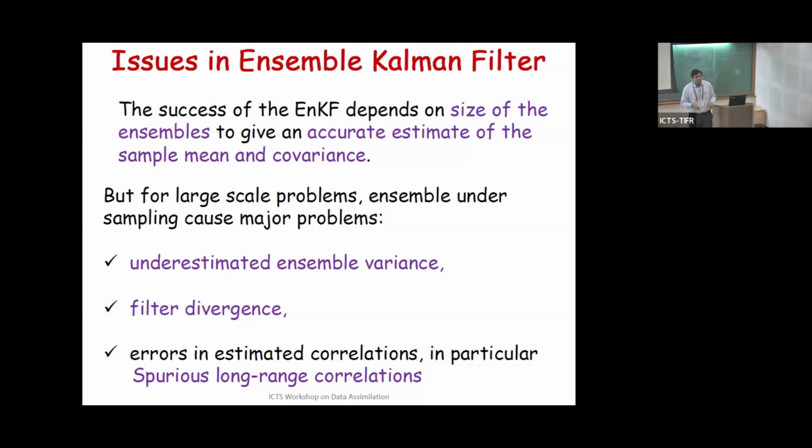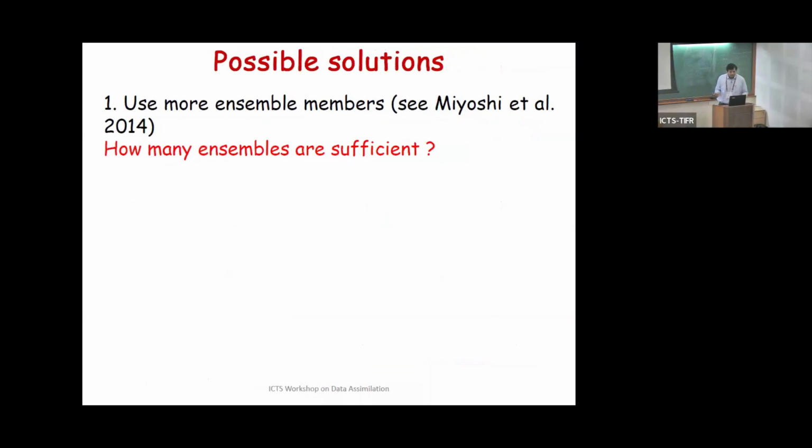So for this, they developed some techniques based on inflation and localization. People tried a lot and did some work on how many ensembles are needed. Professor Miyoshi at Riken, Japan, has a very big computer.